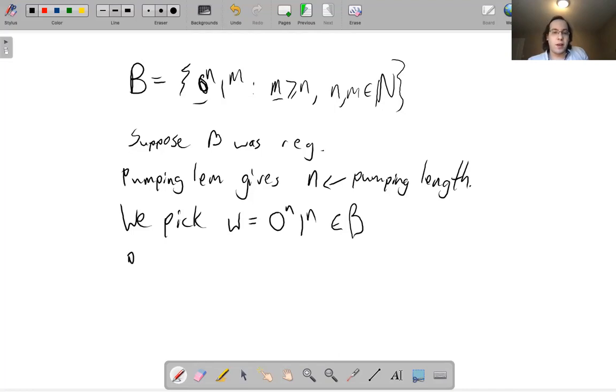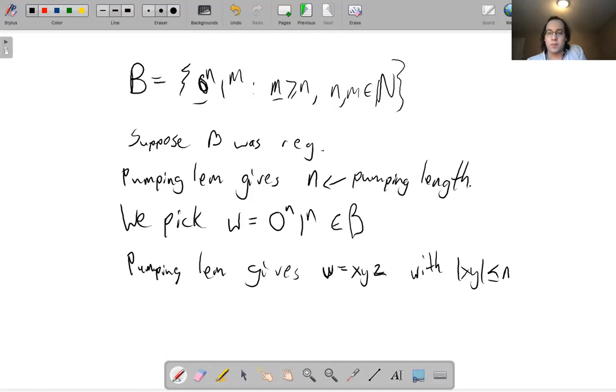Then the pumping lemma gives us the decomposition W equals x, y, z with |x y| at most n. So y equals 0 to the j, and j is at least 1.